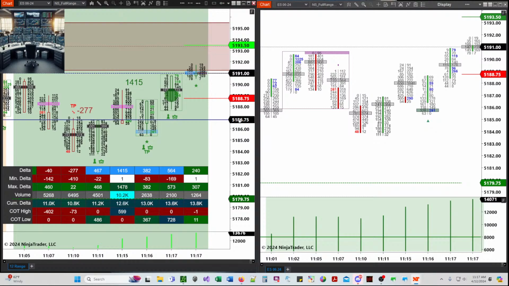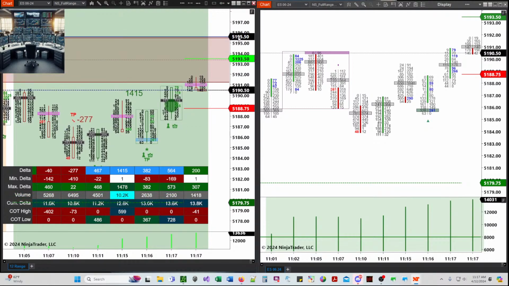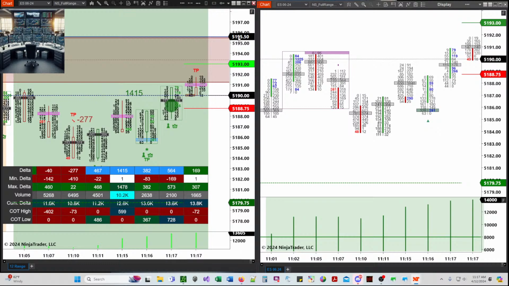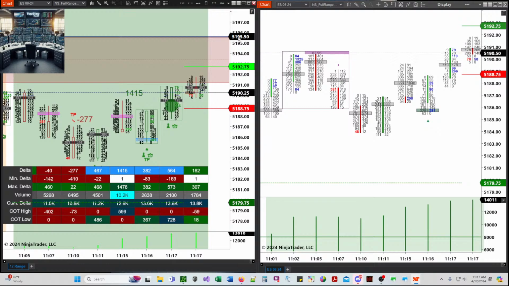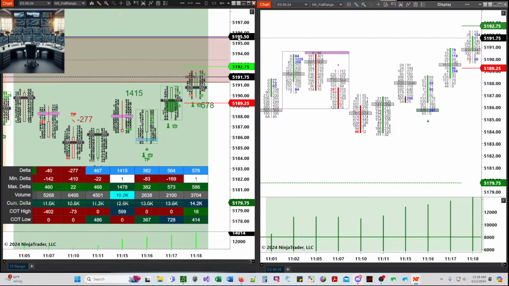Going up into this sell zone here. See if we get any reaction up here. I'm leaning towards the short side. I see the cume going up. I see everything saying green, but my mind is red. My mind is thinking red.